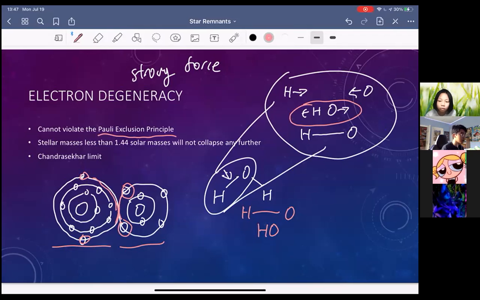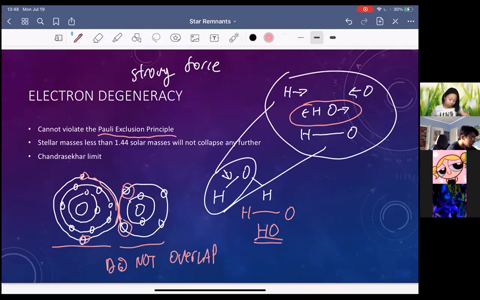This is what we call electron degeneracy. When atoms become so close and pushed together, they're basically touching each other, but they do not overlap.